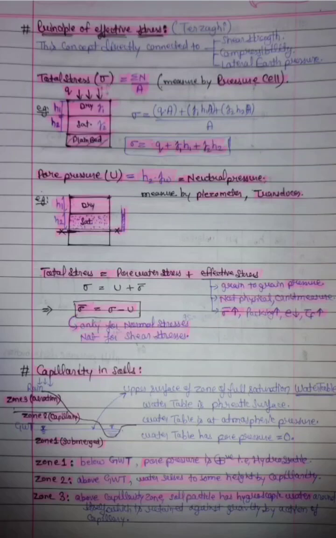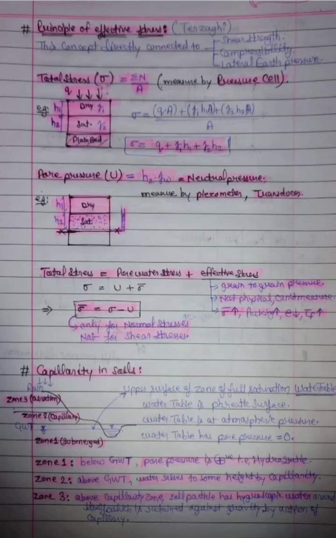Now also, if in the saturated layer I insert a piezometer, there will be a reading of the water in the piezometer. Suppose the water has risen up to this much height. So here in the saturated soil layer I insert a piezometer. The water will rise up to a height equal to the height of the saturated layer.